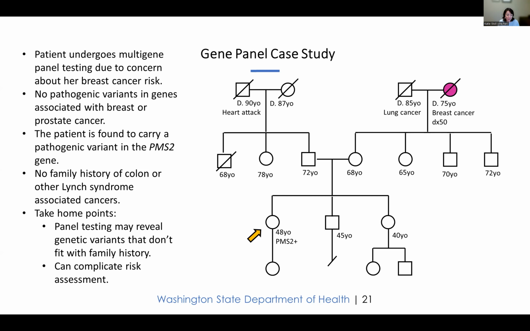This patient has no family history of any of those cancers, so it can be difficult to predict exactly what this means in terms of this patient's risk, and taking that result into the context of the family history is important.